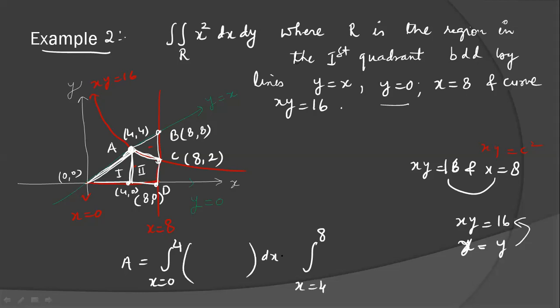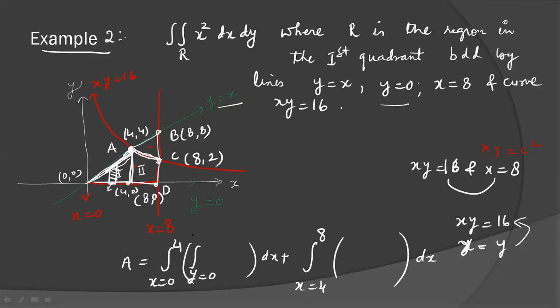The only problem is how to write the limit of y. Since y is variable, always draw a strip parallel to the y-axis in the bounded region. Now see the bottom and top of the strip. The bottom of the strip is on y equal to 0, so the lower limit of y is 0. And what is the top of the strip in region x?